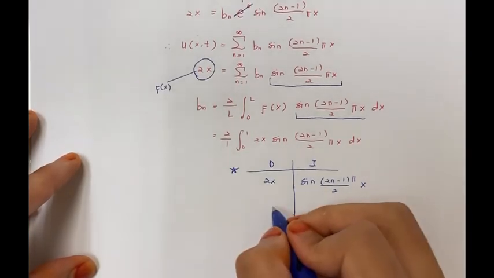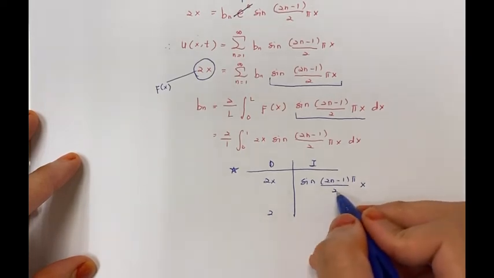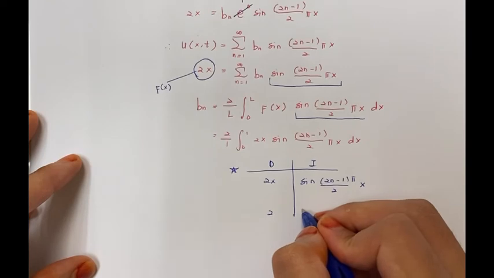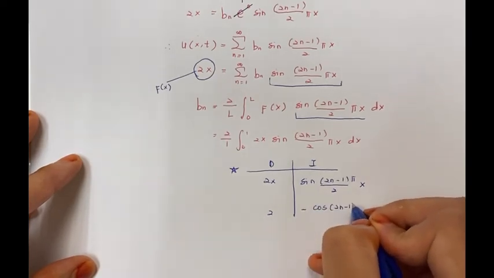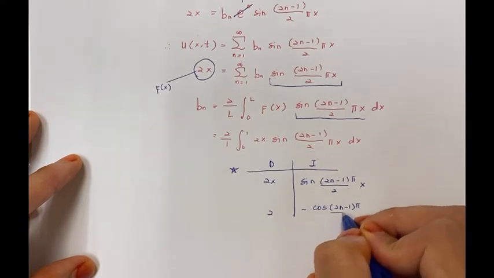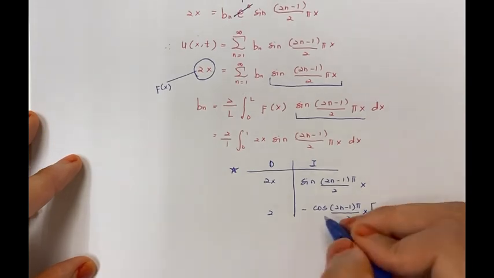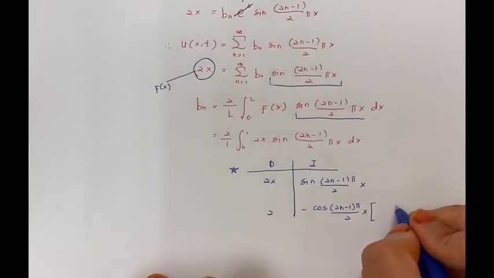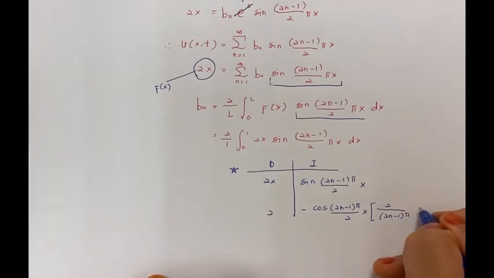Differentiate 2x, you have 2. Integrate sine, integrate the whole term, you get negative cos of (2n minus 1) pi over 2 x, multiplied by the reciprocal of (2n minus 1) pi divided by 2, so you have 2 over (2n minus 1) pi.